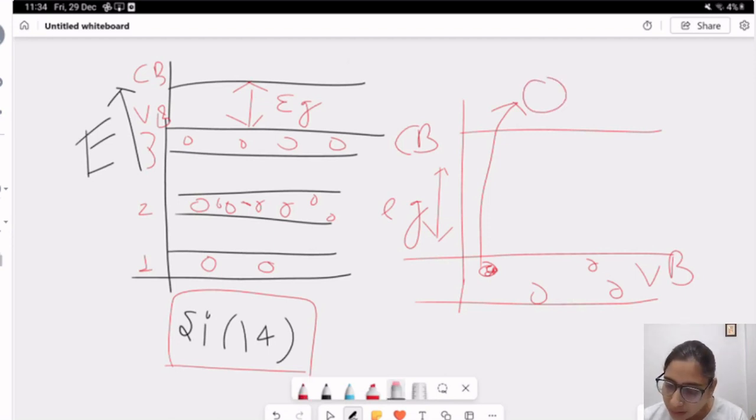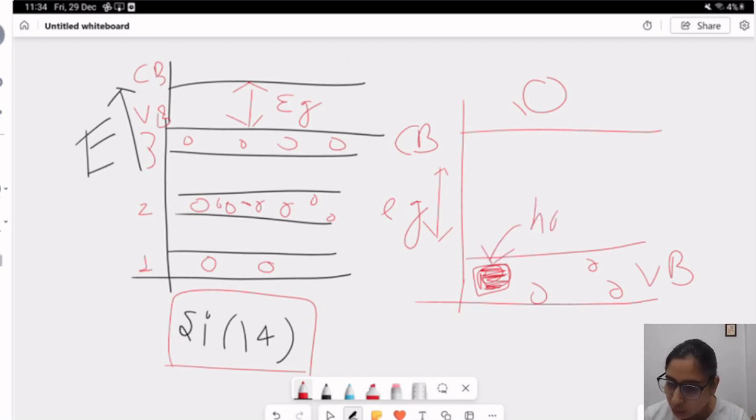Now, in this space where the electron left, a vacancy is created. Let's say this is the vacancy. So the electron left and this is the empty space created. This empty space is called a hole. So when this electron jumps into the conduction band, even at room temperature, it has sufficient heat energy to go there.